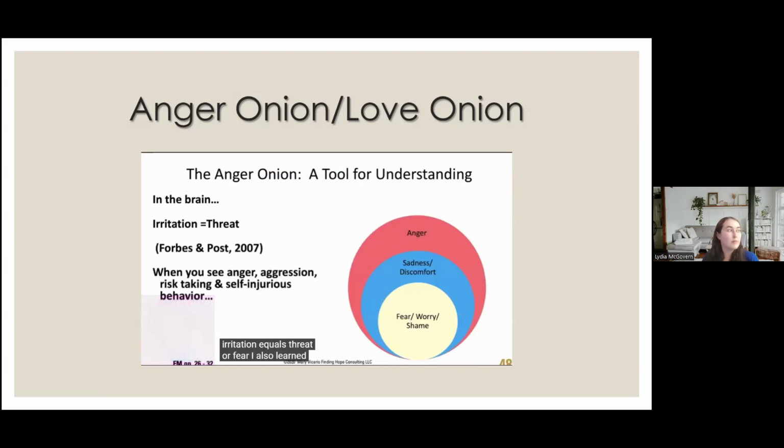I also learned that when we see anger, aggression, risk-taking, or self-injurious behavior, if we think sadness and then use it as a bridge, we can bridge from the person's sadness to their fear. And then the point is, you put in your intervention at the level of the fear. When you calm the fear, you've gotten to the root of the problem driving the anger.